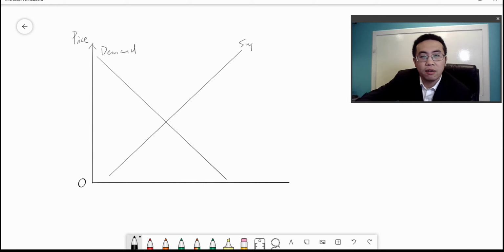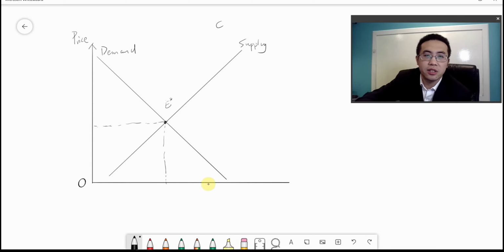The positive sloped curve is called supply. We have a lot of suppliers who can produce at a very cheap level, but some of them cannot produce at a very cheap level. They intersect with each other, and this is our equilibrium price and quantity. That's the market price, with the overall buyers and sellers in the market for this product.